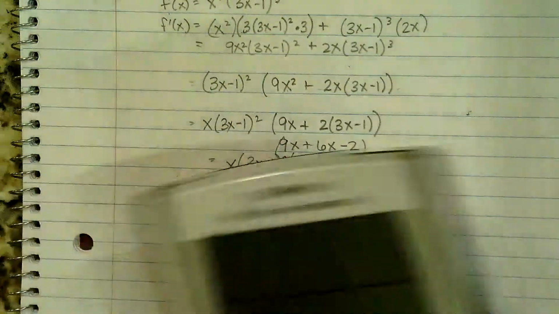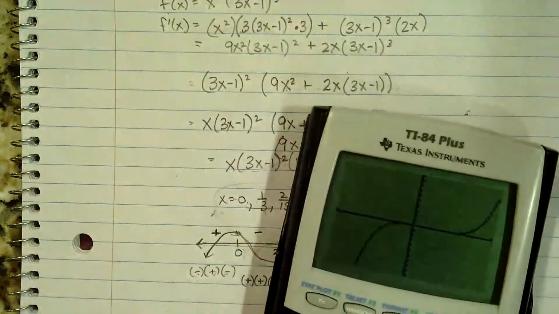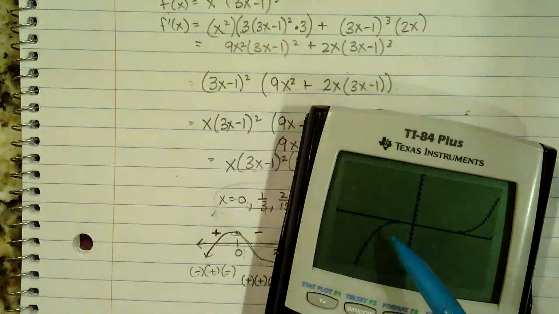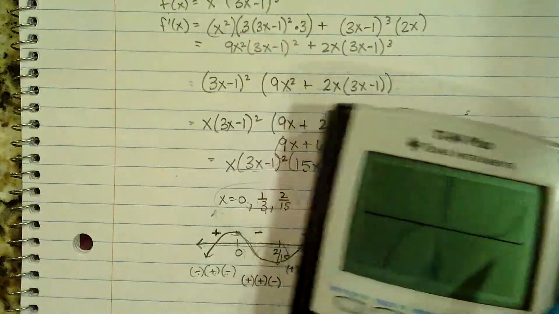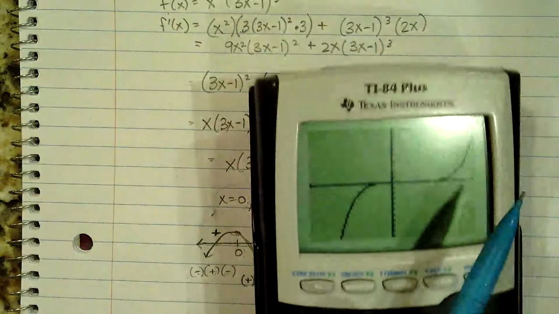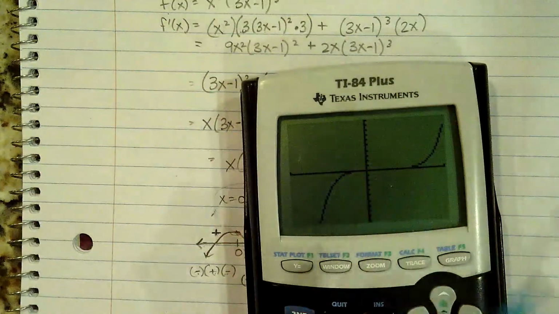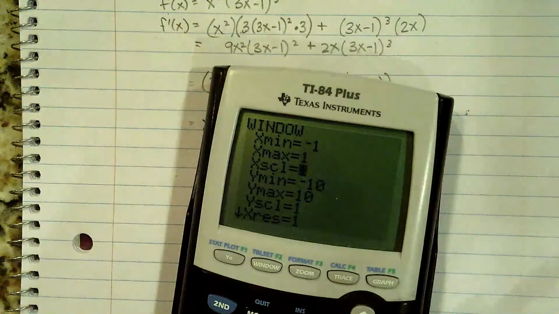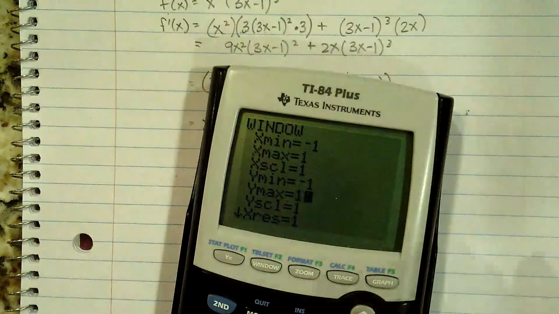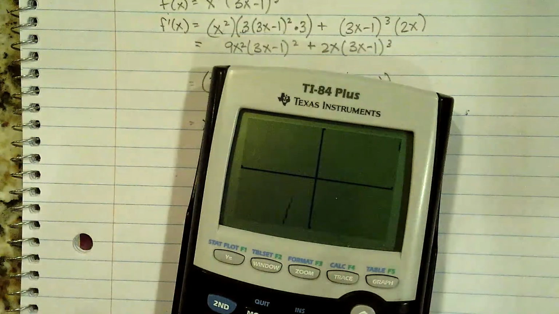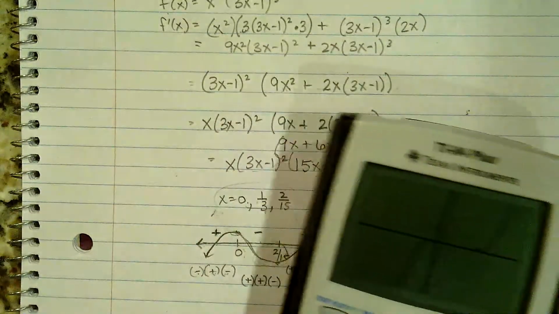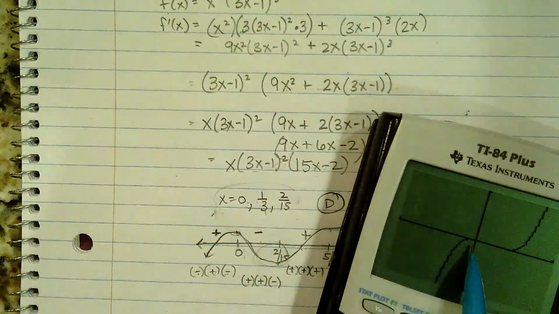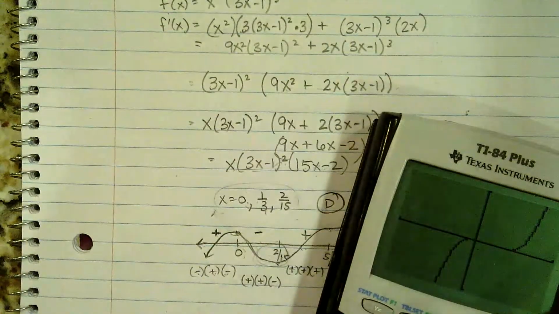That one is not. So we're increasing until we get to 0. We don't really see the decreasing much, but I bet if we changed our window and zoomed in a bit, we would probably see more of it. At 0, it actually doesn't look like it's turning around, but it's got to be.